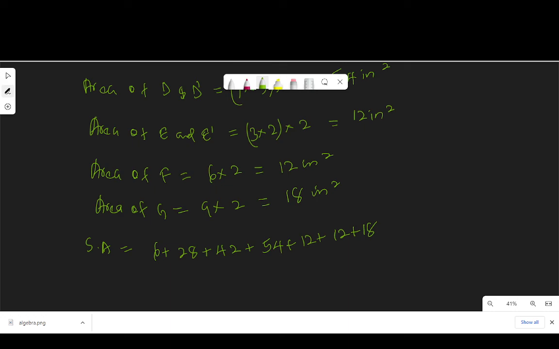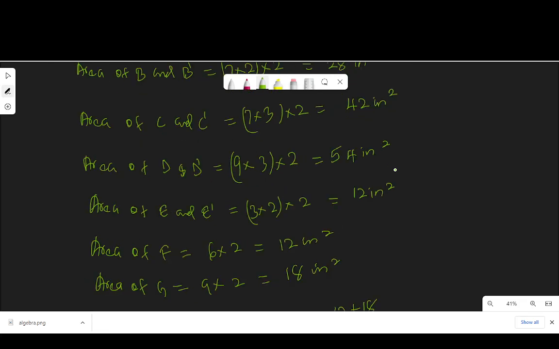Let me just add it up: 172. 172 inches square is the surface area of this shape.